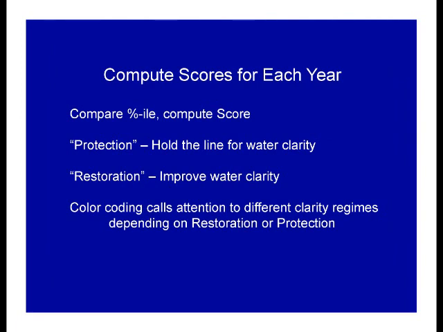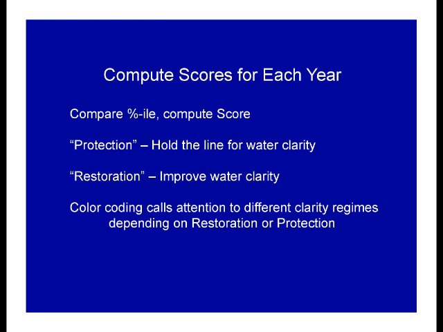And so then we're going to look at how this relates to our seagrasses. And remember that our different segments have been assigned either a protection or a restoration category based on seagrass presence and the amount of acres and how much we would like to have there. And so for protection, we want to keep the water clarity that we got during that reference period. Whereas in restoration, we know we want more grasses, we know we need to improve the water clarity relative to that reference period.